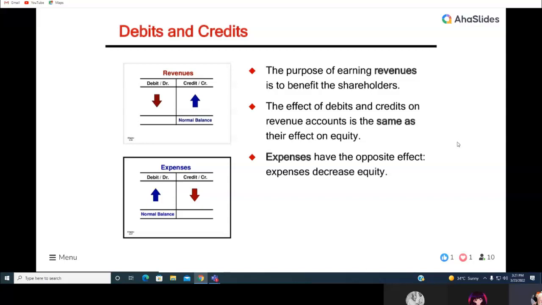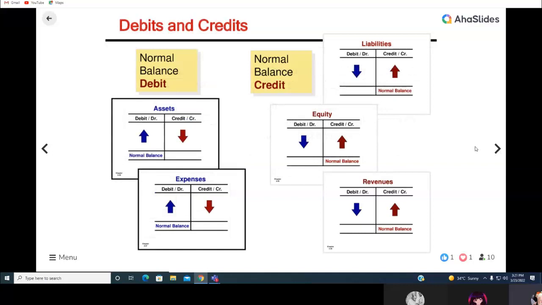Because debits decrease shareholders' equity. Now, there is never a transaction where you reduce the expenses. So every time you incur an expense, you record it on the debit side. So memorize this. That's all you have to do is memorize this.